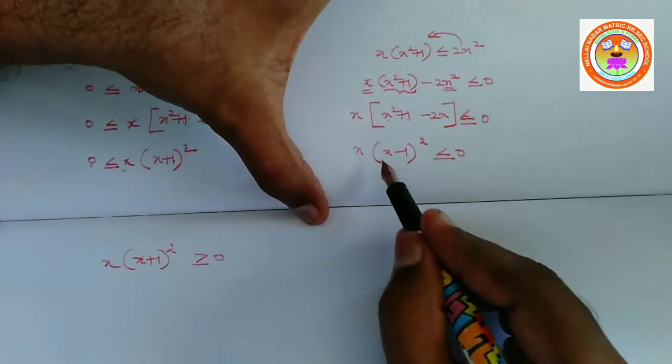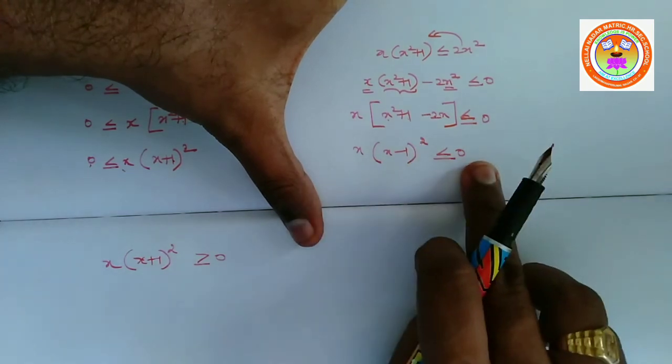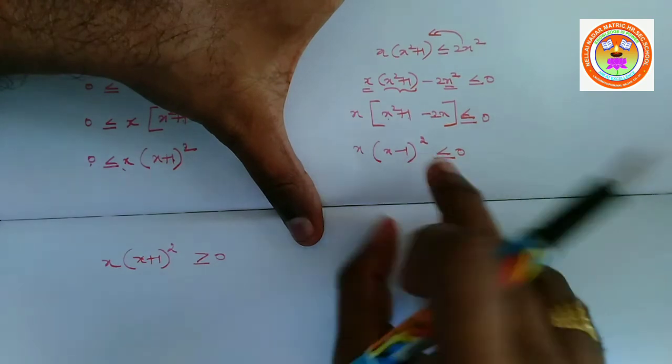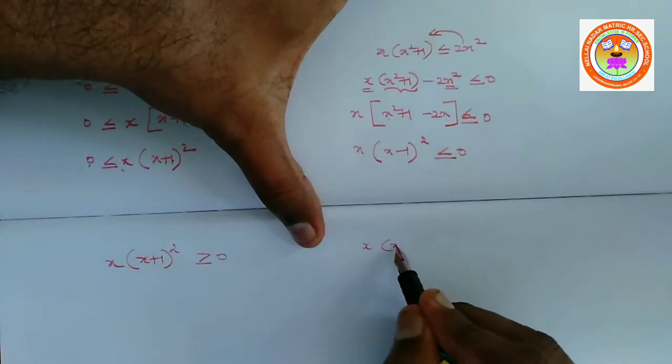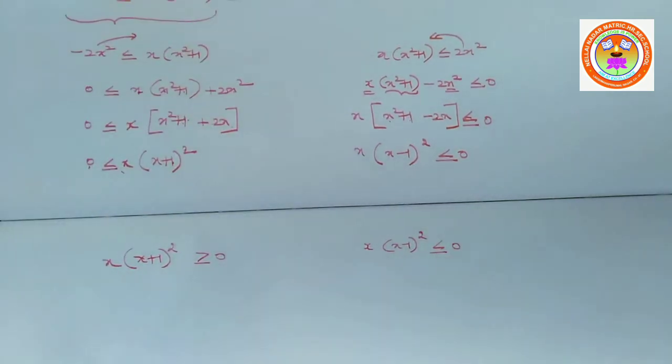So finally you can write this answer, you don't need to change. This value is less when compared to 0. So x into x minus 1 the whole square is less than or equal to 0.